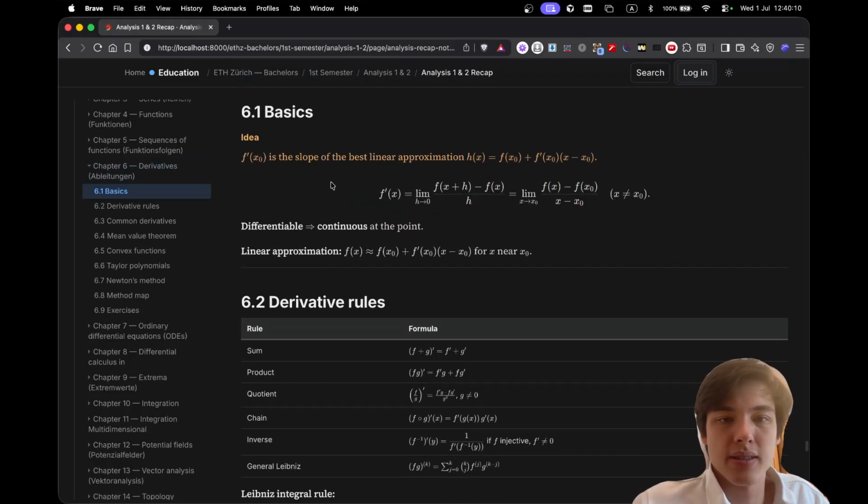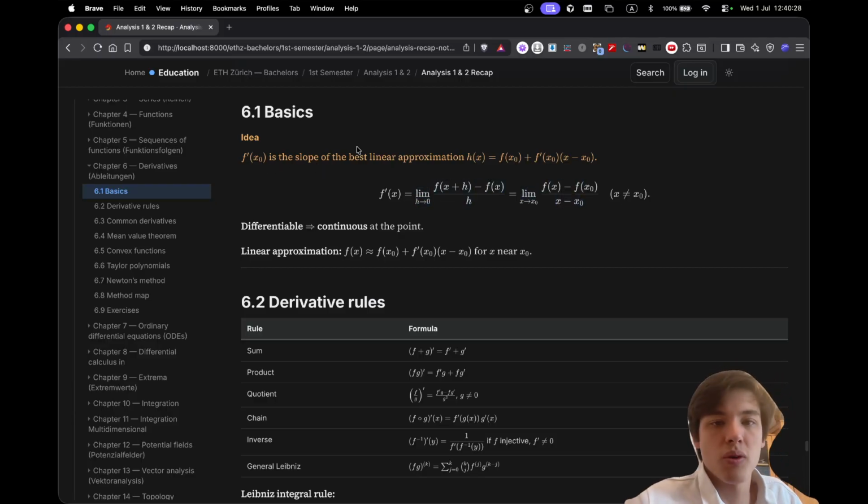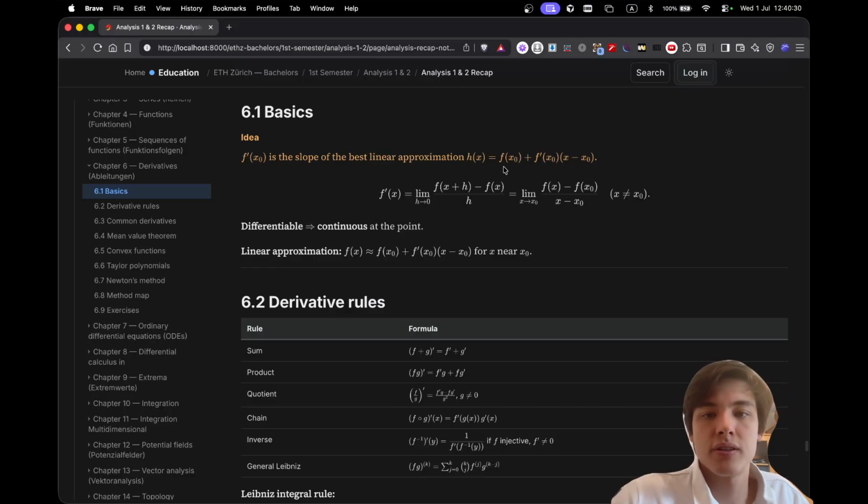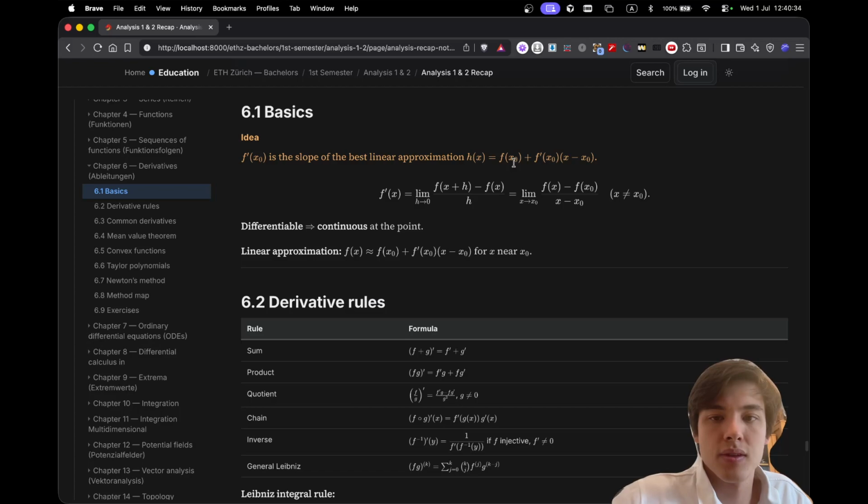So the basics. Let's start with this. The derivative of this function is the limit of f of x plus h minus f of x, divided by h, as h goes to 0. So this is the slope of the best linear approximation.